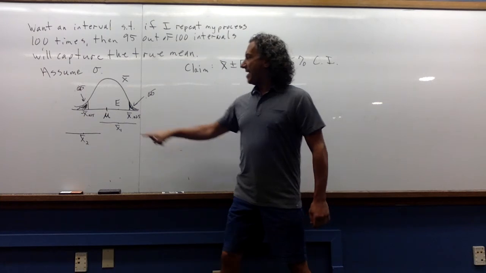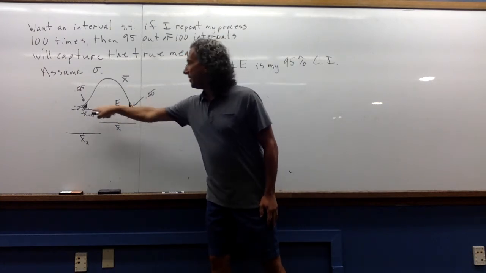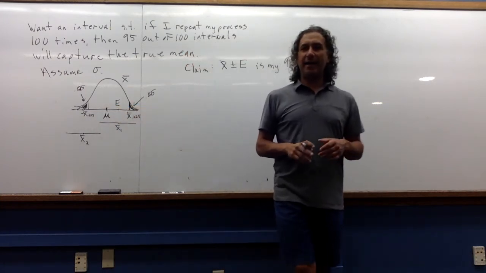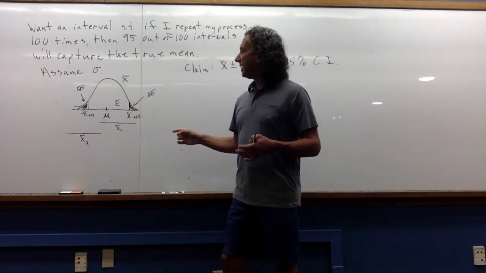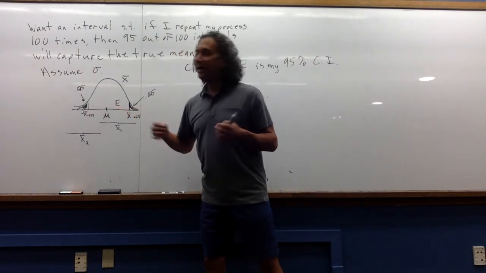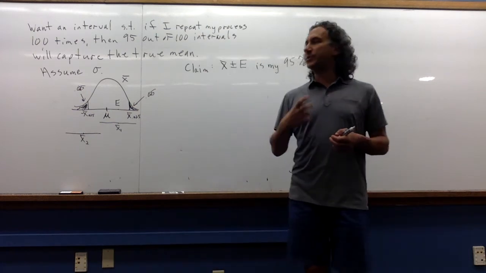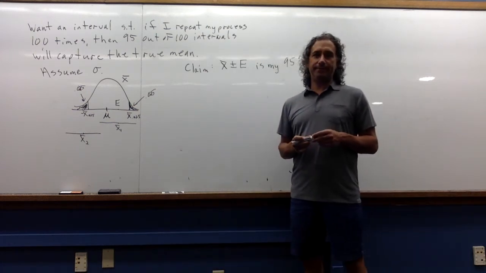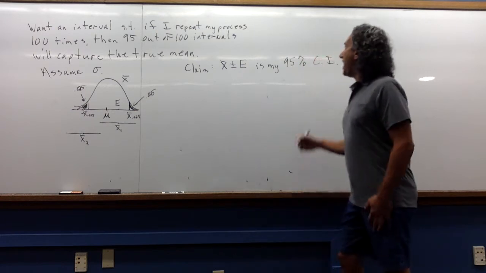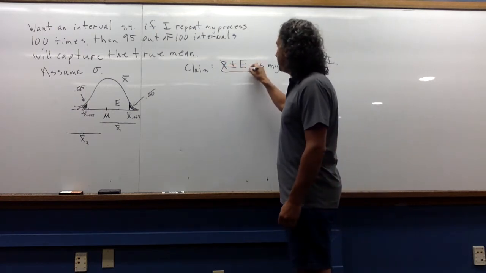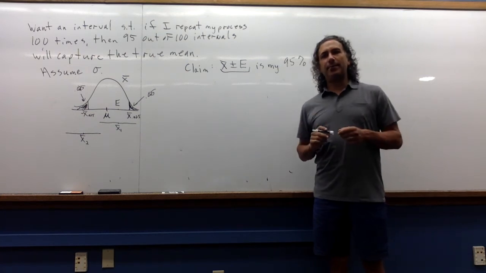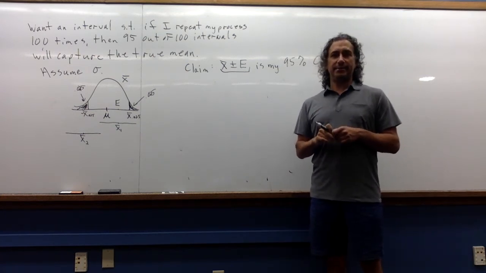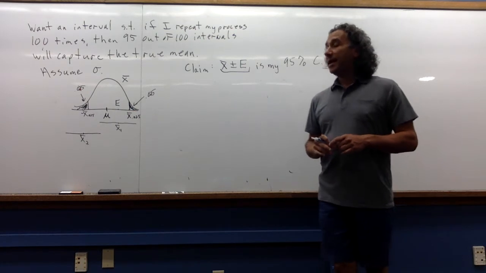Let me say that again. 95% of the time, this will capture the true mean because from here to here is 95% of the total probability. So x bar plus or minus E does what I want. Great, except we don't know what E is. Okay, we need to find out what E is.